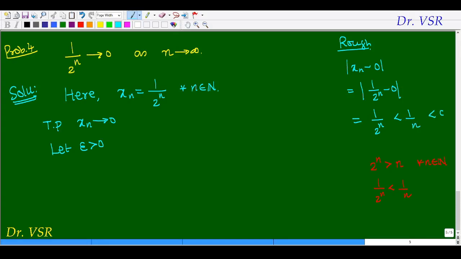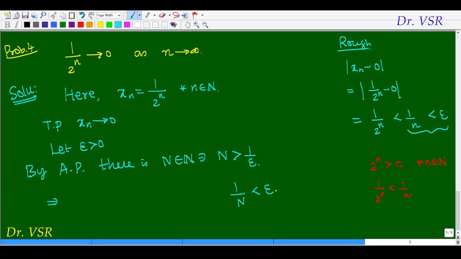As usual, by the Archimedean principle, there is a capital N belongs to natural number such that this capital N is greater than 1 by epsilon. So this implies that 1 by capital N is less than epsilon.